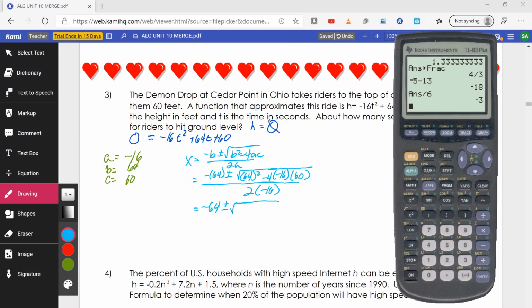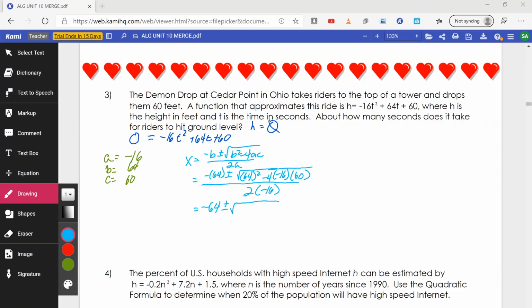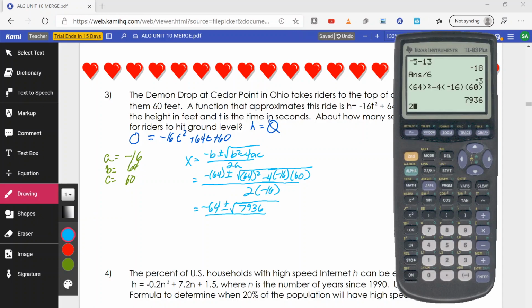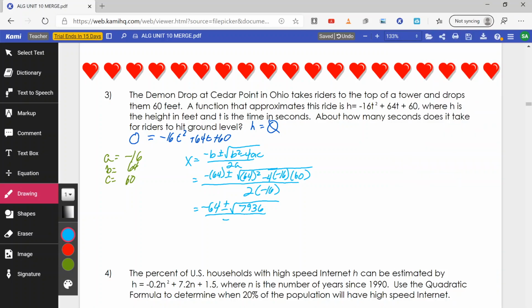So we have 64 squared minus 4 times negative 16 times 60, which gives me 7,936. And that is all over 2 times negative 16, which gives me negative 32.